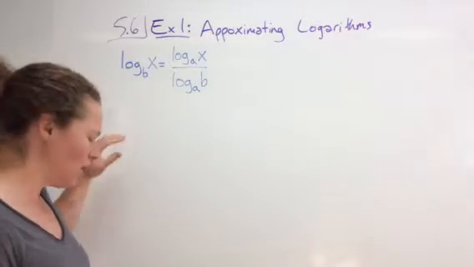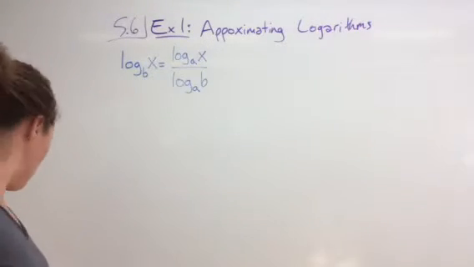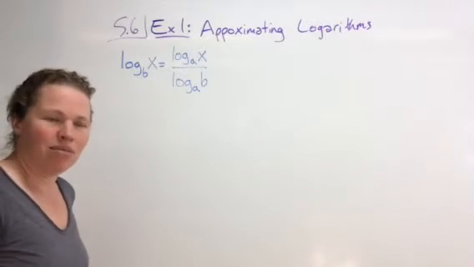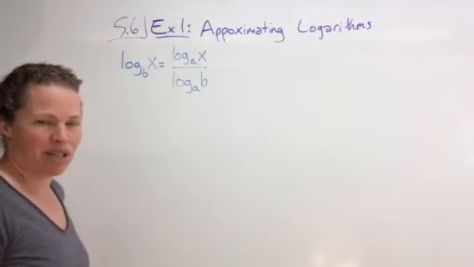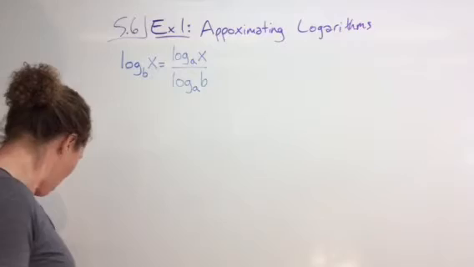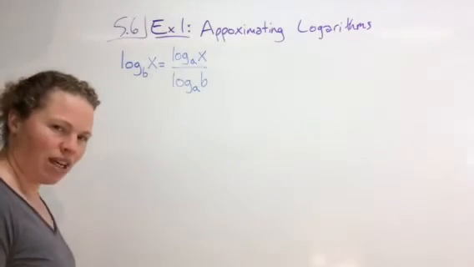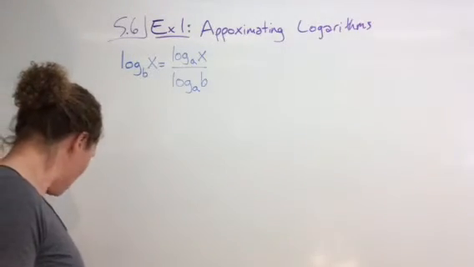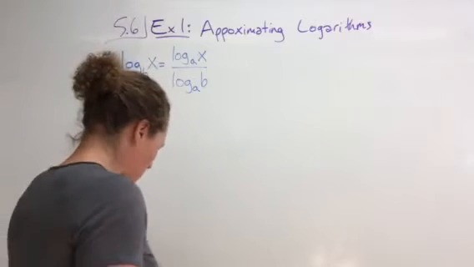So in example 1, they want us to approximate, because it's not going to be exact, but approximate is going to be pretty close. We're not just roughly estimating here. It says log base 6 of 100.